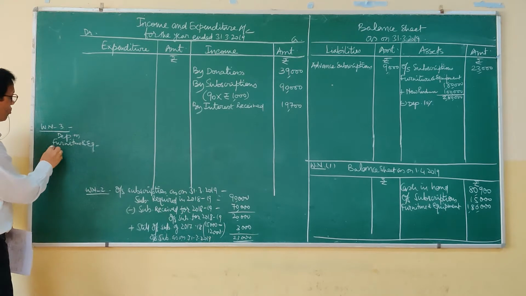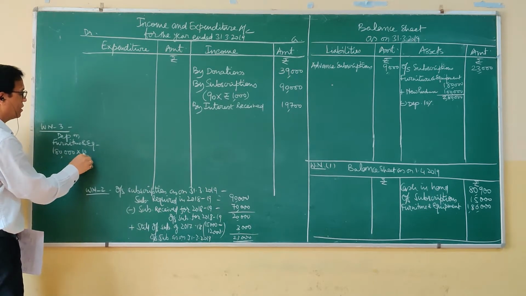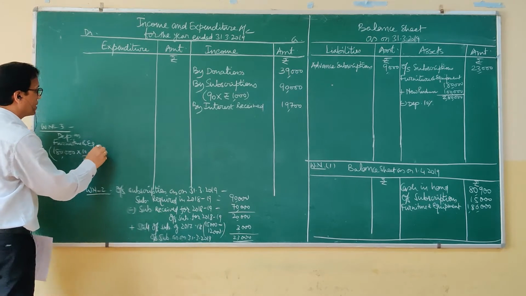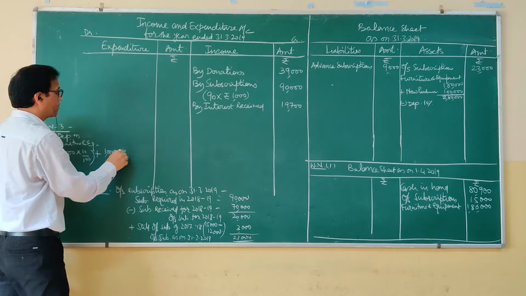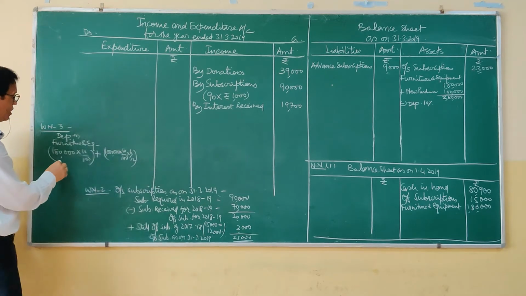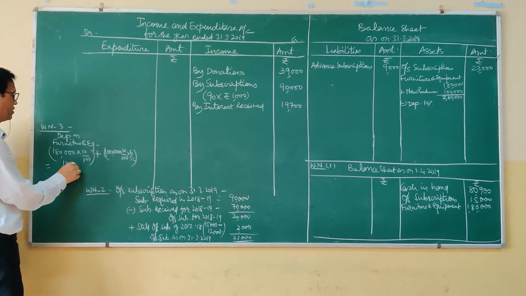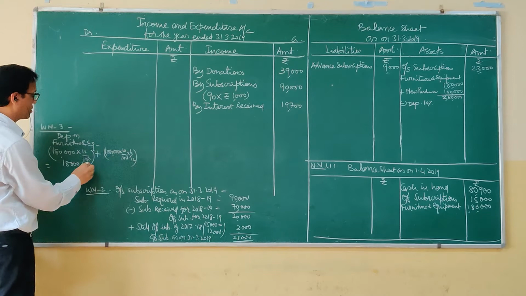See, we already have 1,80,000 from the previous year. 10% is to be charged on it. Plus the newly purchased 1 lakh at 10% for 6 months. So the amount is 18,000 plus 10% of 1 lakh, 10,000, for 6 months is 5,000.